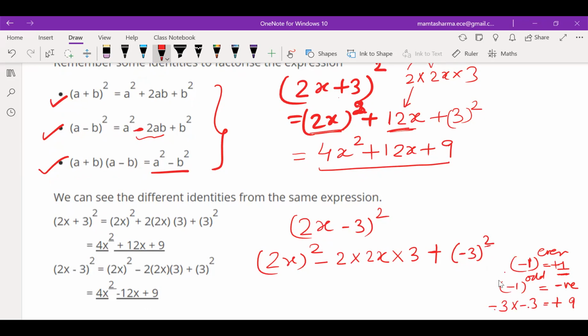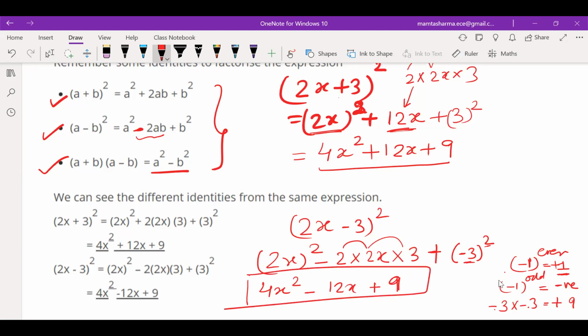So now 2x whole square is 4x square, minus 2 into 2 into 3 is 12x, plus 9, ma'am. Okay, it is clear now that minus 3 square will be plus 9. Is it clear to everyone?